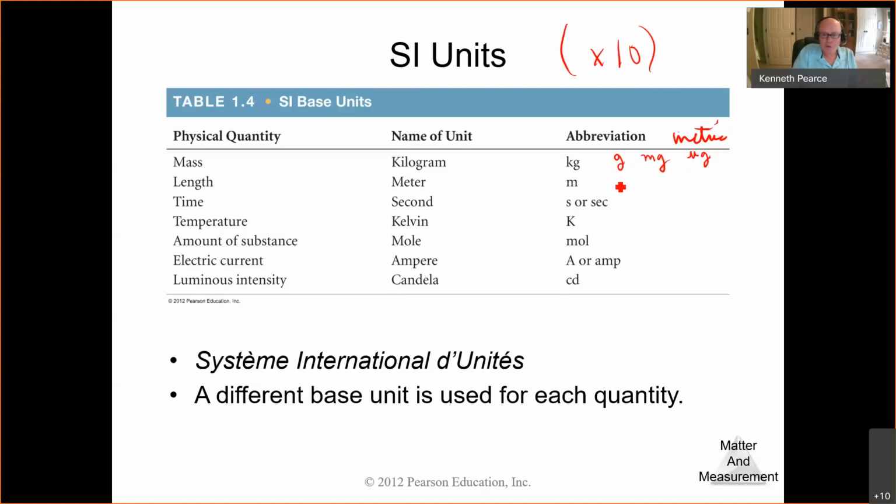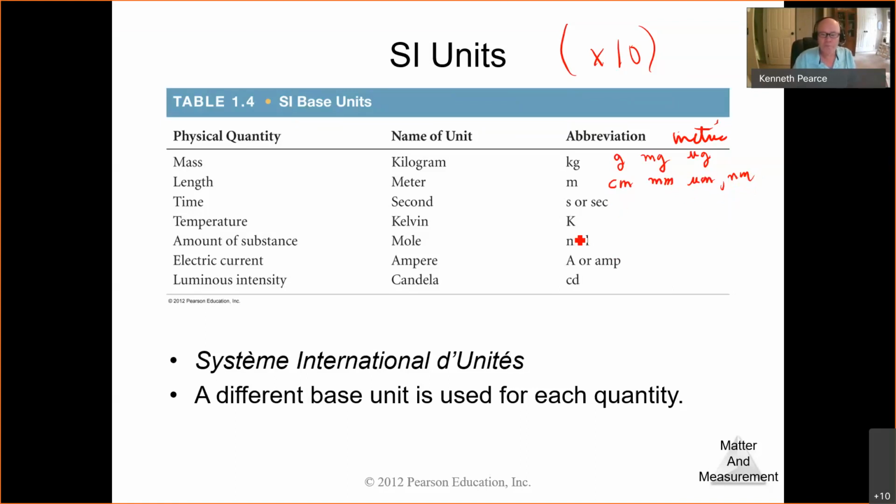But most of the time, when you're doing measurements in lab, you're going to use either centimeters or millimeters. And if you start talking about things like wavelengths, you may end up with micrometers or even nanometers, which is wavelengths of light, and so forth.